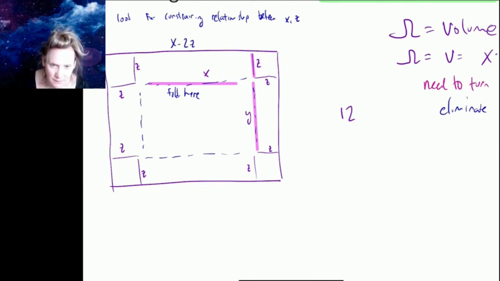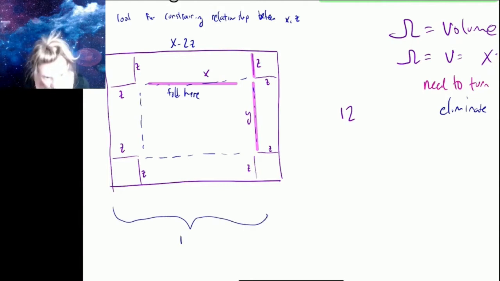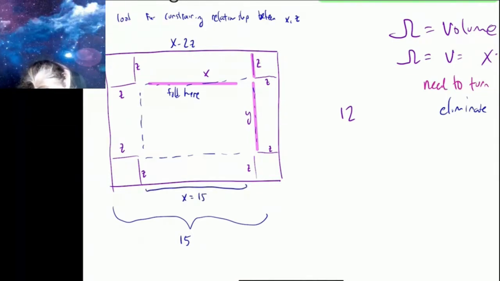We need an equal sign in there. If it's constraining, there needs to be an equals. And I love x minus 2z. What's this total length down here? The total length is 15. Ooh, okay. So that proposes that x equals 15 minus 2 times z.